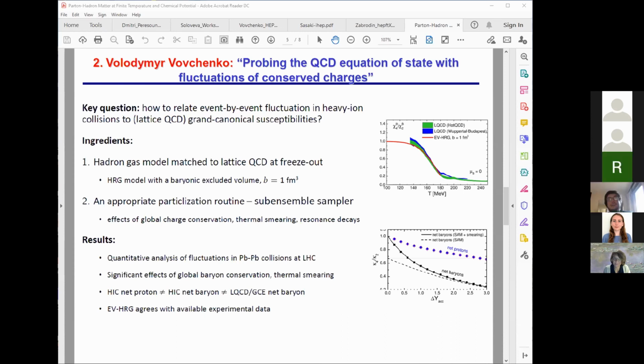There is a nice and fairly classic work by Prakash and Venugopalan from about 30 years ago, where they show that in most cases interactions are mainly incorporated by resonance formation. This is true for a pion gas to a large extent and for many meson-baryon cases.